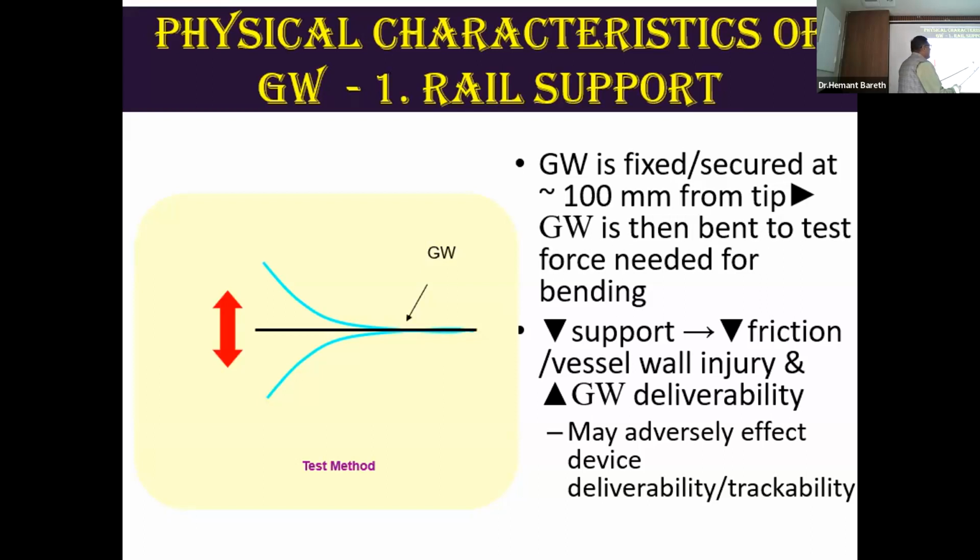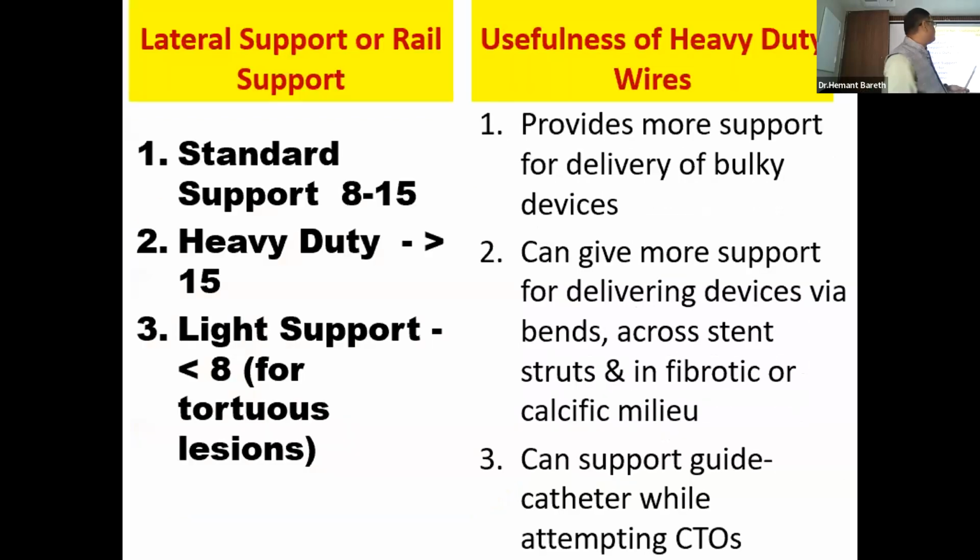Of course, it is important for improved deliverability. Sometimes the problem is that if there is a lot of rail support, then the wire may not go into the side branch, it may not take the vessel shape. So this is, as I said, lateral support or rail support. Based on the category of support, we divide wires into three categories.